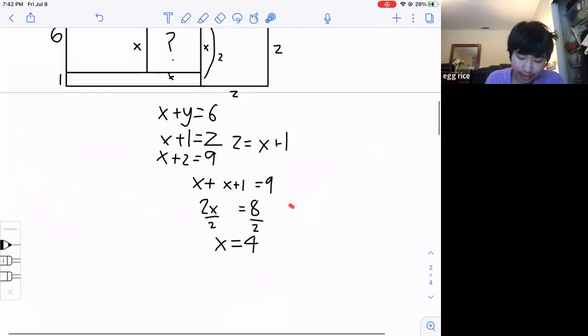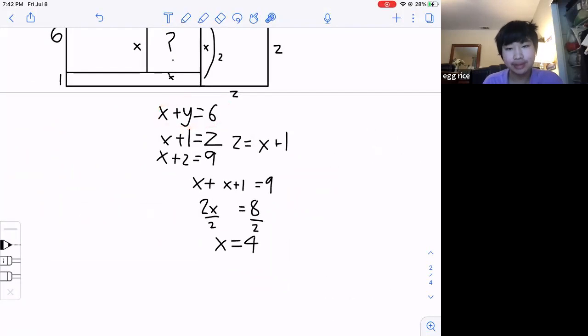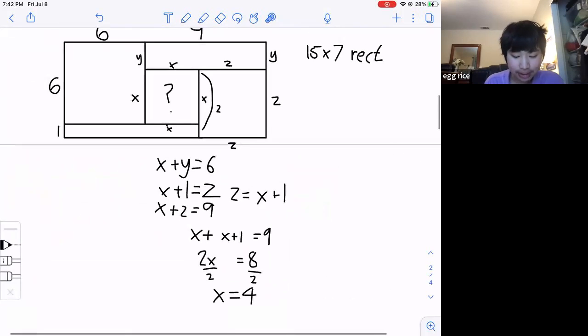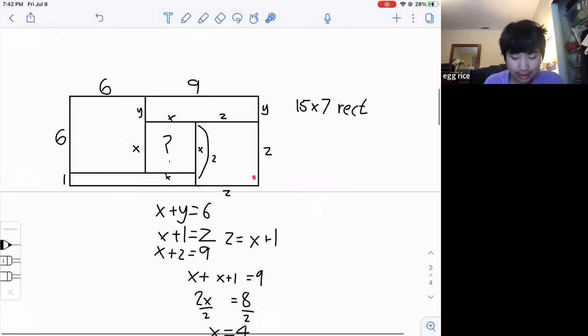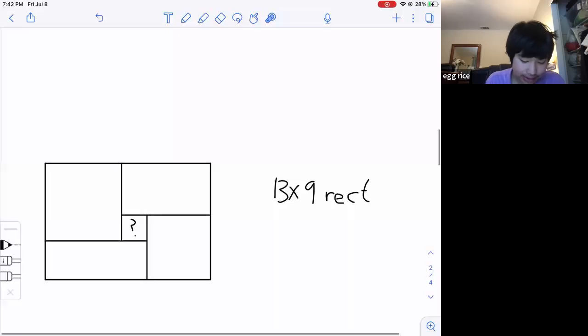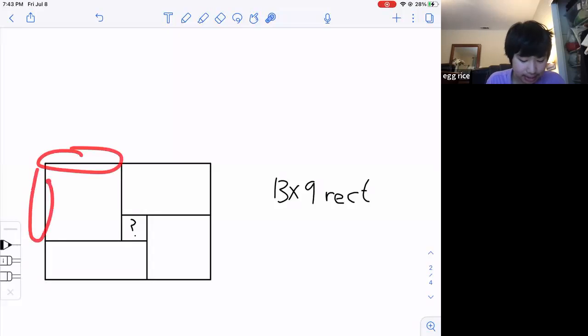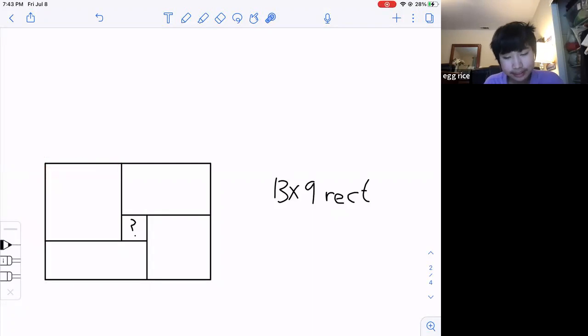One of the reasons why I put x plus y equals 6 here is because this shows that we have extra information. And sometimes if we have extra information, we actually don't need some of it, which means that in this case, we don't need this information. It's not that clear cut, but it suggests that we might not even need it and we can just figure it out.